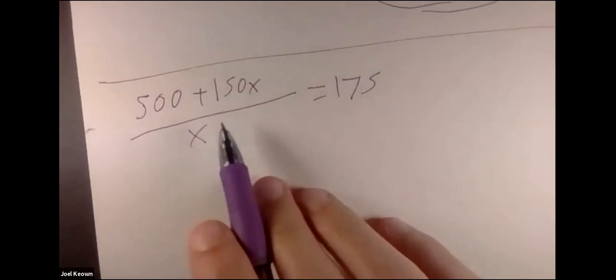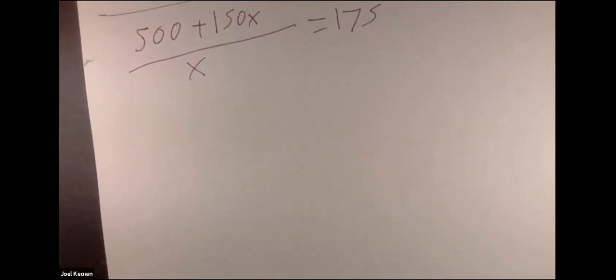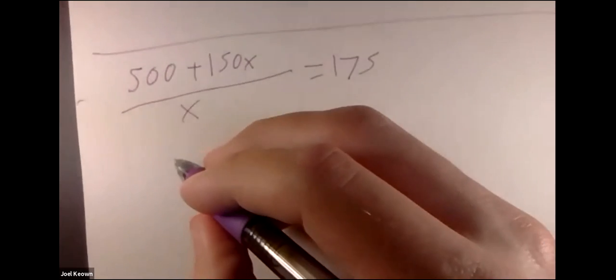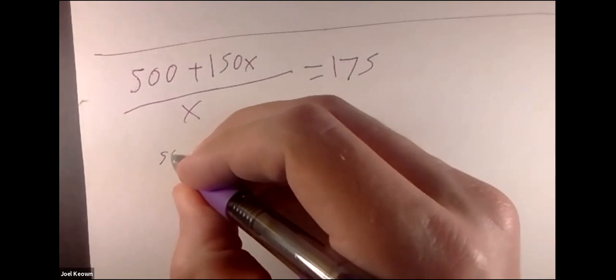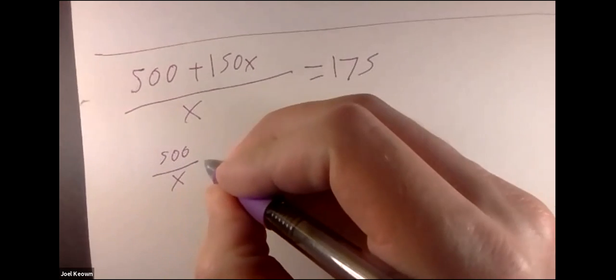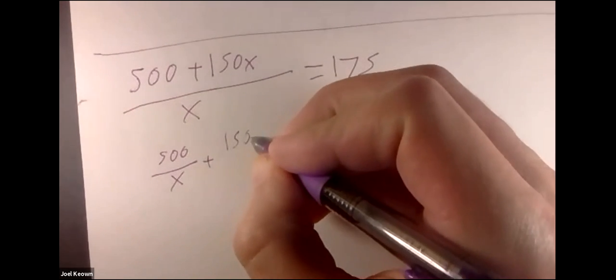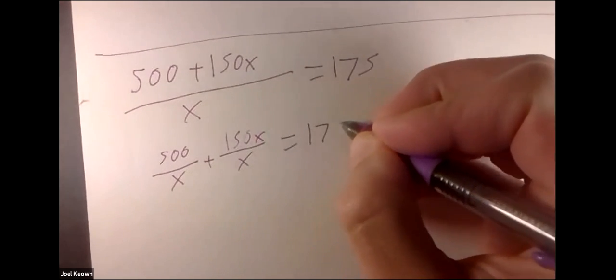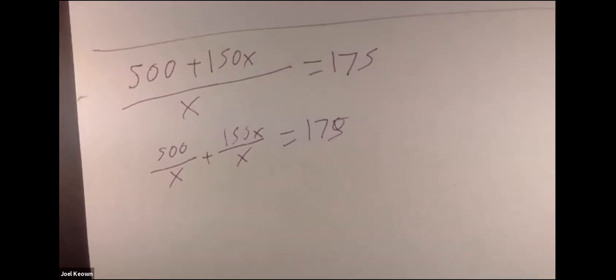I can plug this in my calculator just the way it is, but just to show how this is similar to what we've been doing, I'm going to simplify this a little bit. I'm going to say this is 500 over x plus 150x over x equals 175.